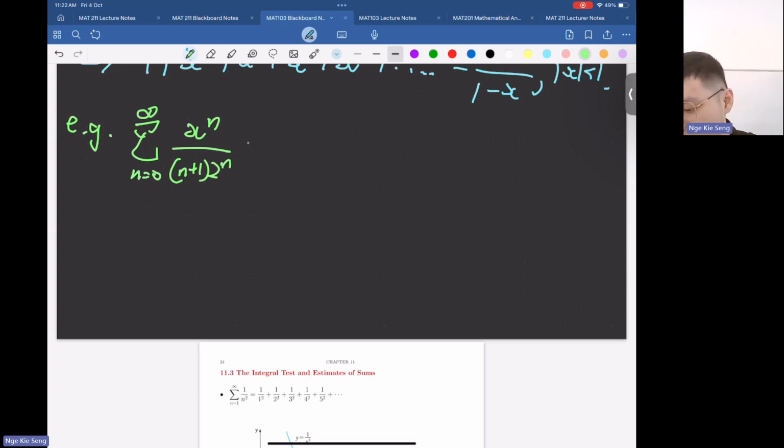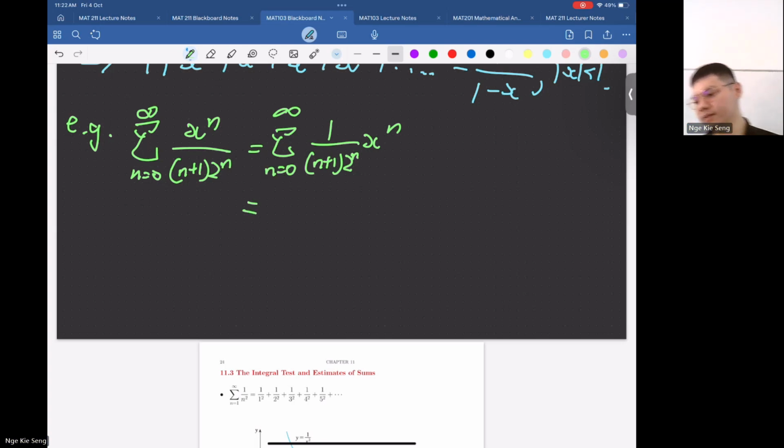So what's the coefficient here? This coefficient is simply 1 over (n plus 1) times 2 to the power n. To swap between the summation notation and the expanded sum, what's the first term here? 1. What's the second term?